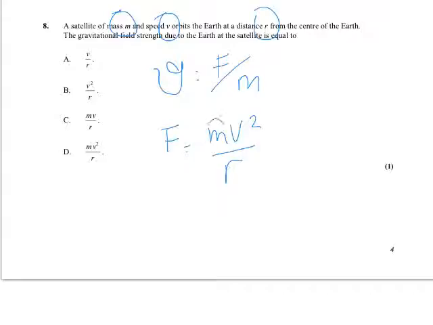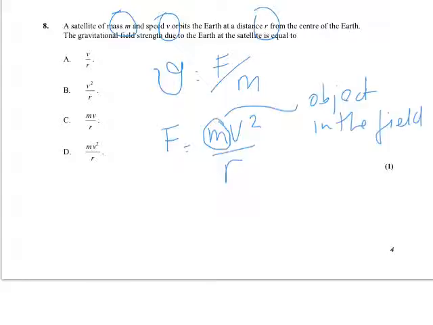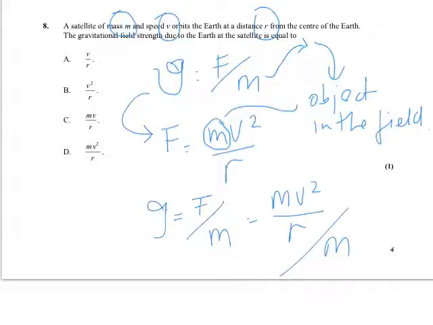Now, the m would be the mass of the object in the field. But when we talk about the definition of gravitational field strength, the mass is also equal to the object in the field. So if we find g from this one, we have g equals F over m, which is equal to mv squared over r over m, and it's the same m, so we're left with v squared over r.